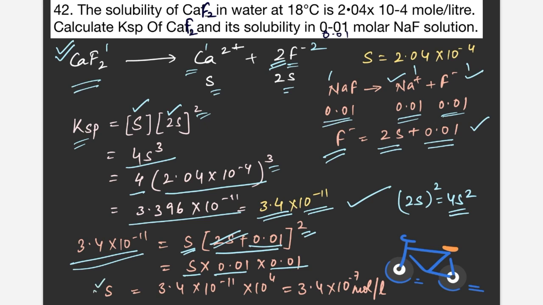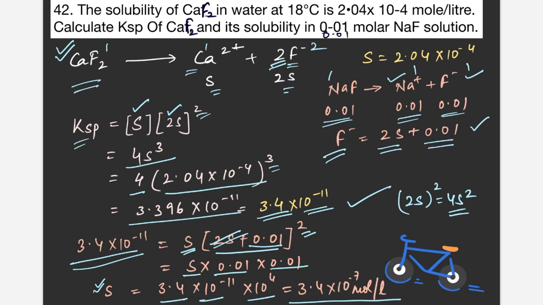Solving the value of solubility, the solubility of calcium fluoride is equal to 3.4 into 10 to the power minus 11 into 10 to the power 4, which is equal to 3.4 into 10 to the power minus 7 mole per liter.